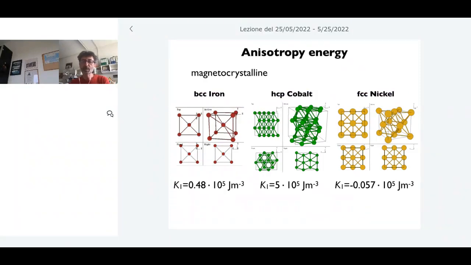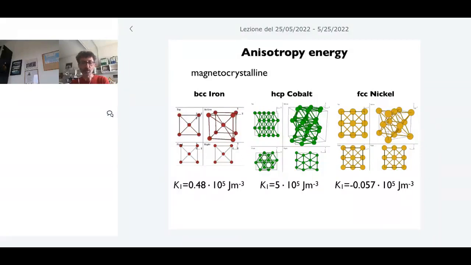For example, this is an example of the crystal structure for BCC iron, HCP cobalt, and FCC nickel. And there you also find the corresponding anisotropy constant. Iron is BCC, and as you see there, the anisotropy constant is in joules over cubic meter, so it's an energy density. Is this number written there?